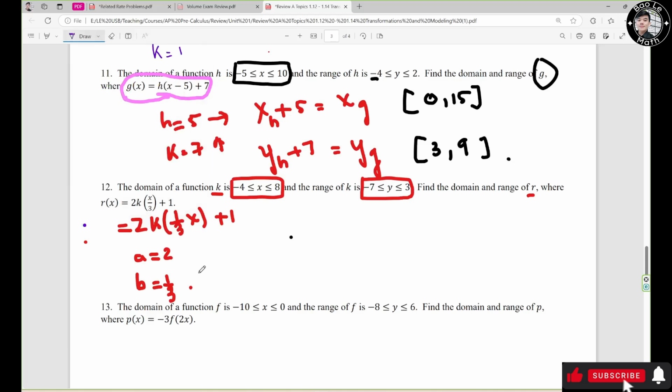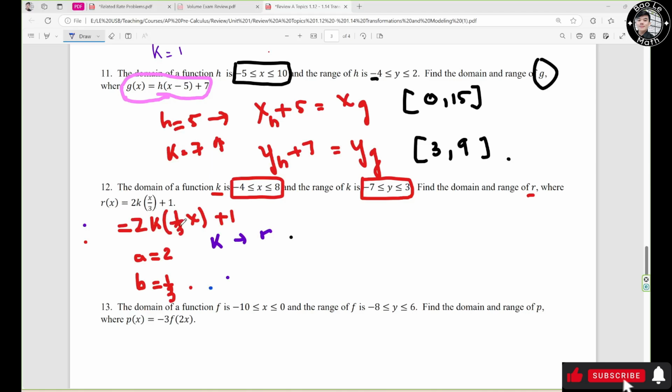Now I just undo this one to get the function r, right? It means I'm going to do the vertical dilation by a factor of 2 on the function k to get the function r, right? And I'm going to do the horizontal dilation by a factor of 3 on the function k to get the function r, right? Now, as I told you before, anything related to the s value, do the opposite.